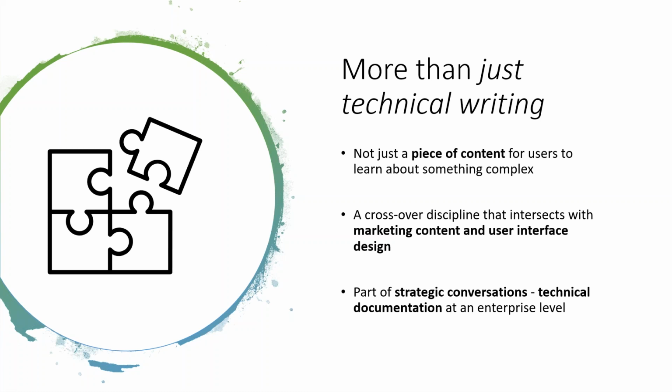Because of all that crossover, I believe that it's really important to look at technical documentation as something that requires a content strategy. It's not enough to just create technical documents that explain a product's user interface without crossing over into considerations about what other content a company might be putting out or what a user's needs or journey might be when they encounter that documentation.